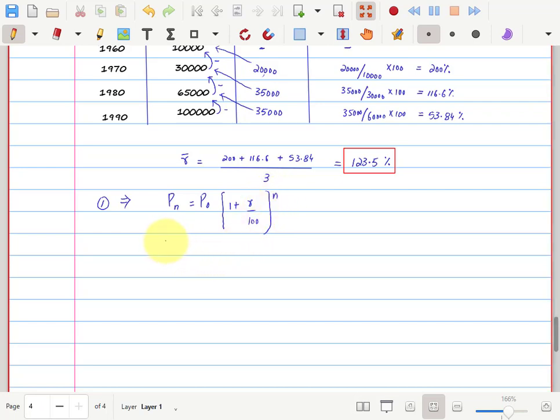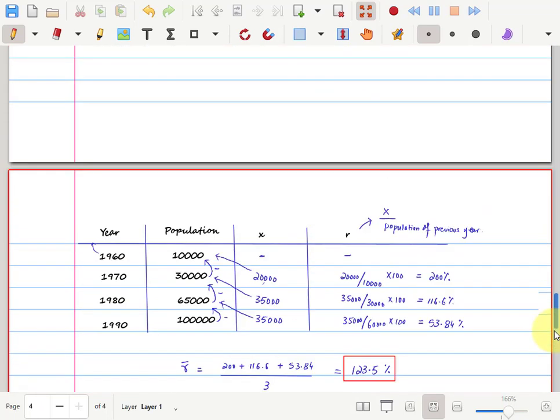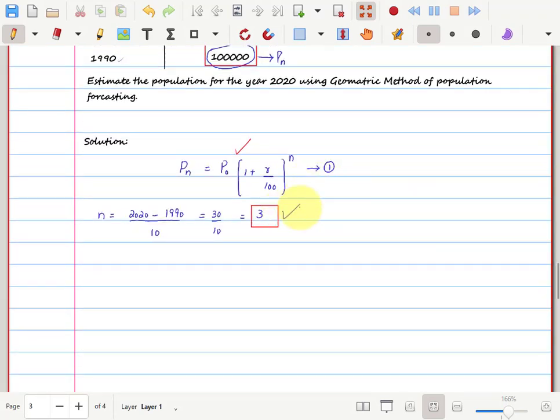So Pn is the population for the year which we are finding, P 2020. And the value of P naught, latest population given to us, is 100,000, and 1 plus the value of R we have found, 123.5 divided by 100 and then power N. The value of N we got is 3, right? N is 3.